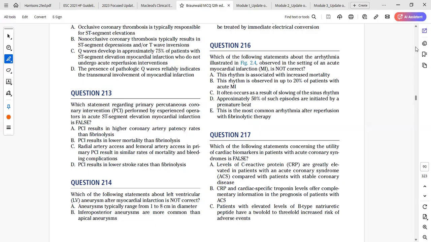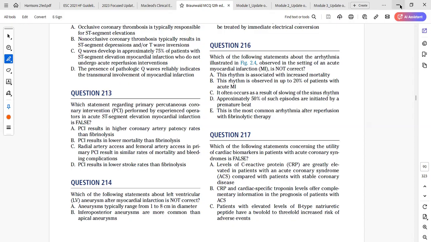So, option C, patients with elevated B-type natriuretic peptide have a 2-fold to 3-fold increase in risks of adverse events. BNP is usually released due to an increase in the ventricular wall stress or volume overload, and it's a marker for ventricular dysfunction.